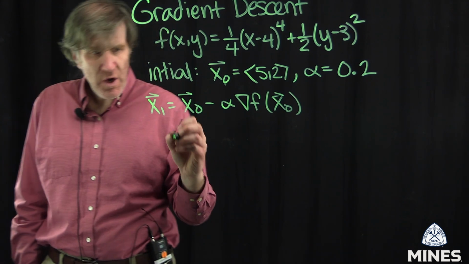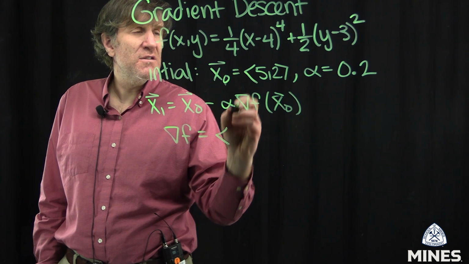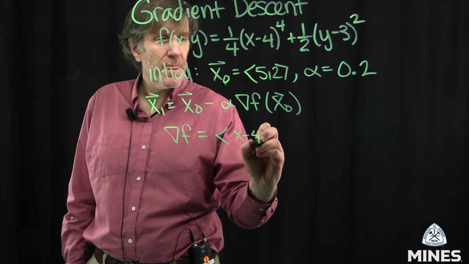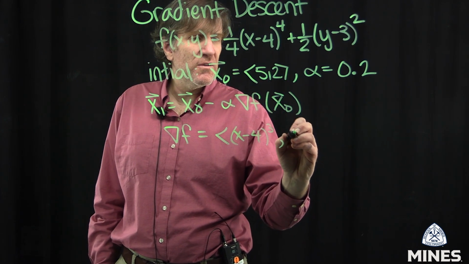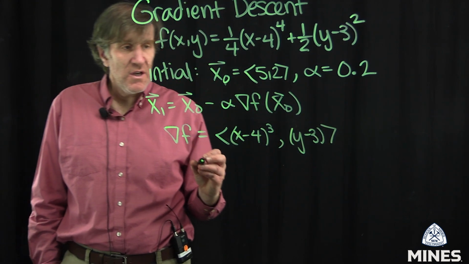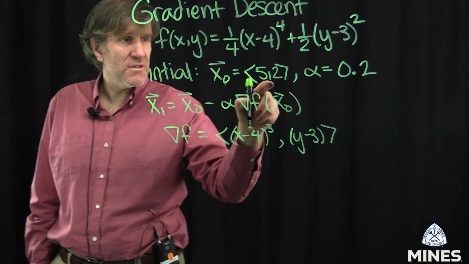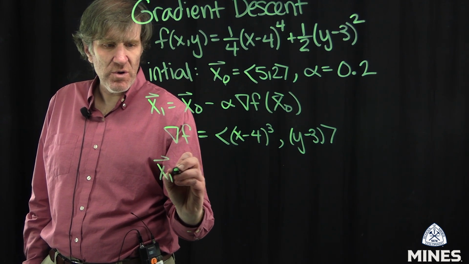All right, so we do need the gradient, and the gradient of this function is the x derivative is just x minus 4 cubed. The 4's cancel. And the y derivative is y minus 3. So we have the gradient. We evaluate that gradient at our initial point, 5, 2. Actually, just throw it into the whole equation here.